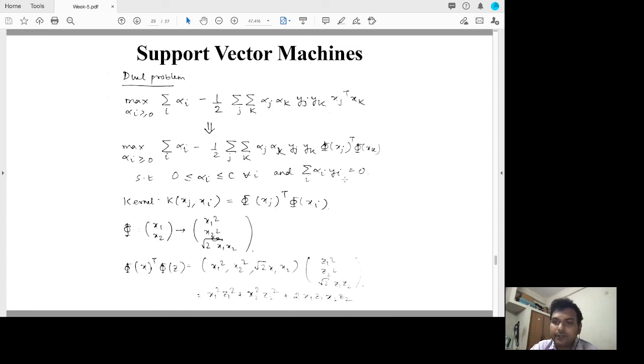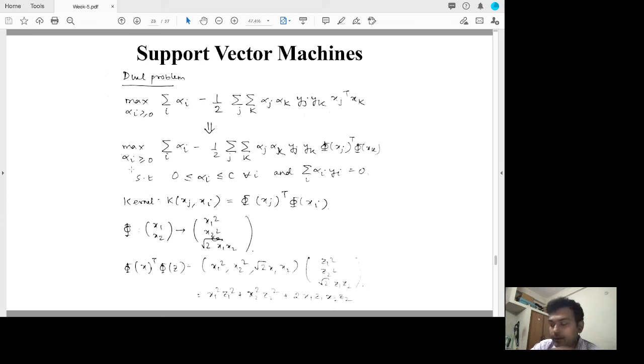So irrespective of wherever you go to, the number of variables that you solve for always remains the same. It is always n, equal to the number of training samples. Even if the dimensions have changed, you are not solving for a greater number of variables.